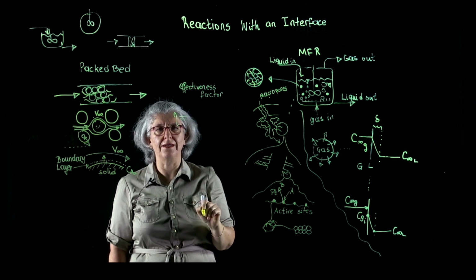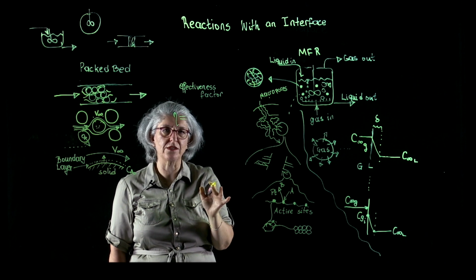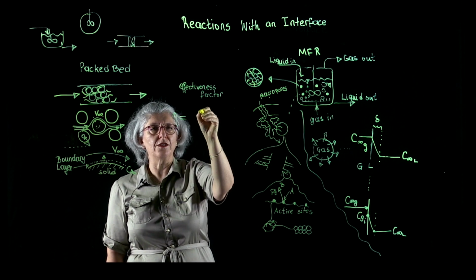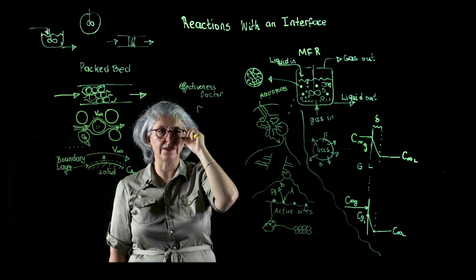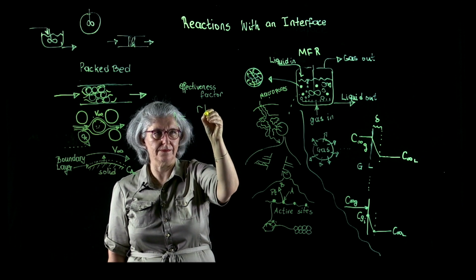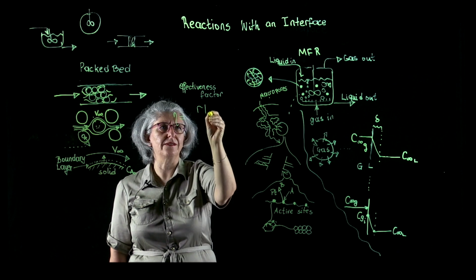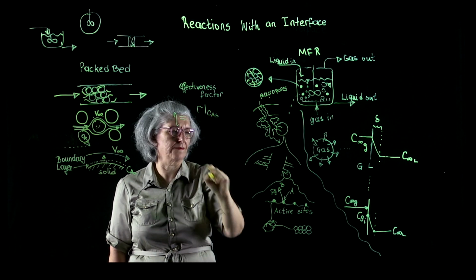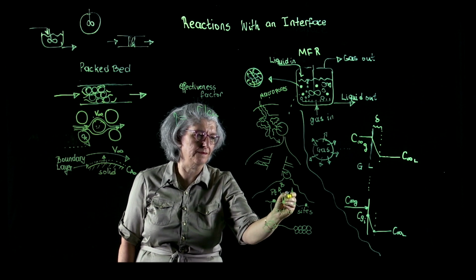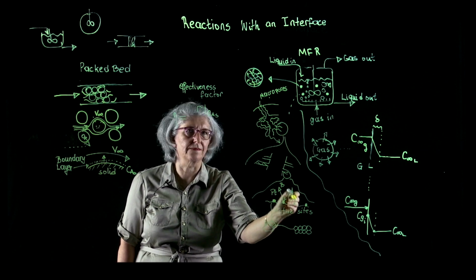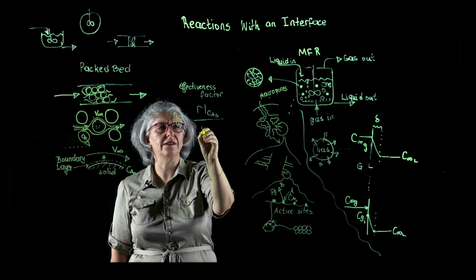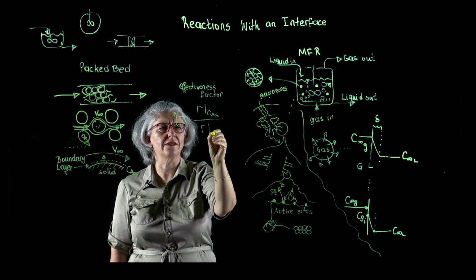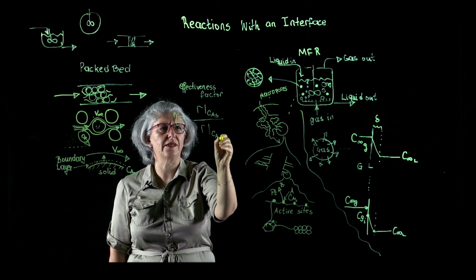We frequently denote it by the Greek letter eta. This is a number. In the best situation, it is going to be 1. So we are going to have the reaction rate evaluated at the active site, divided by the reaction rate evaluated at Ca bulk.